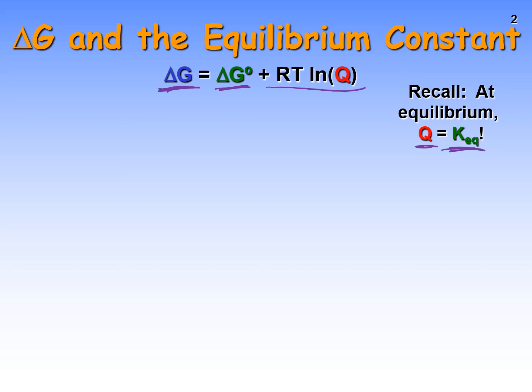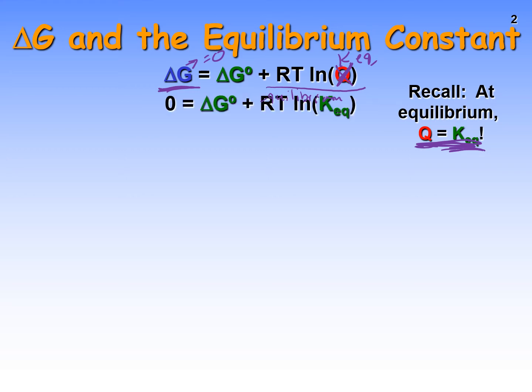Well, then we can do two things here. Let's say we are at equilibrium. Then I can cross this out and in its place put K because of this relationship over here. Q is equal to K. And this has to equal 0.